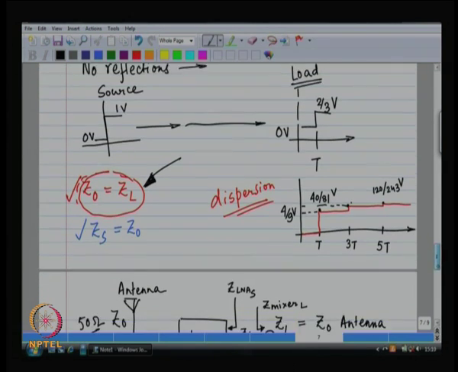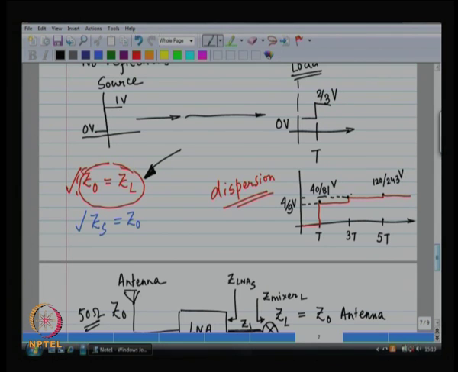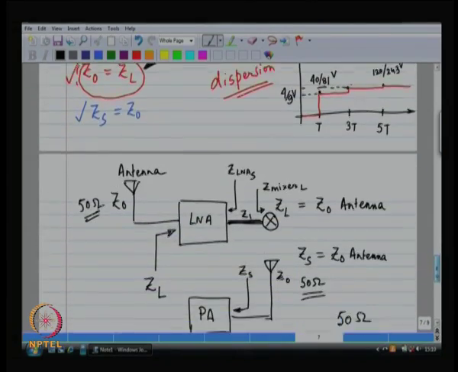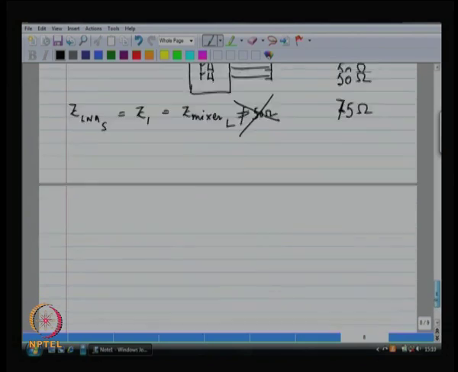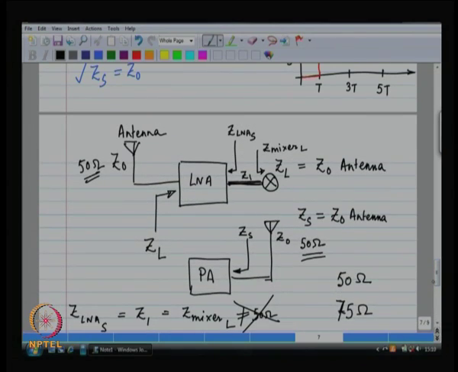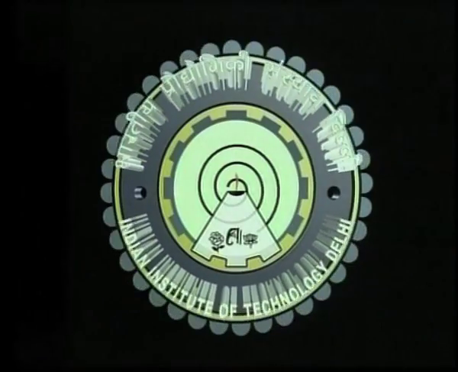When there are echoes, these echoes distort what you transmitted, and this phenomenon is called dispersion. So, with this I am going to summarize today's lecture. Thank you.